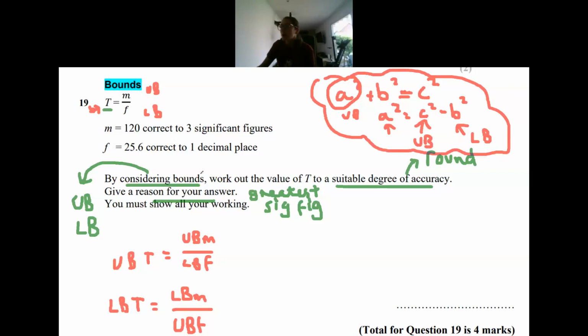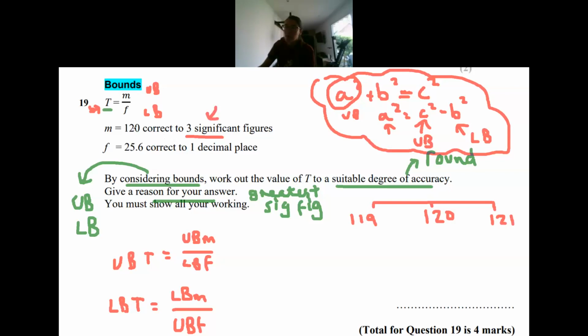So let's find the bounds. So we've got m is 120 correct to 3 significant figures. So I'm going to use my scale and I'll say, what's my next number to 3 significant figures? 121, and the previous 119. So be careful what we're rounding to.